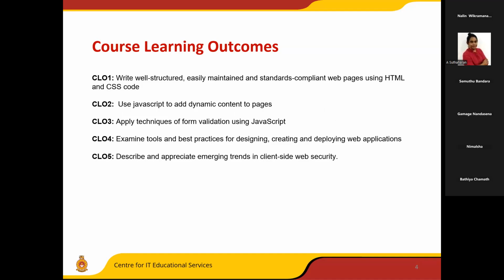Third, students understand validation techniques to ensure data accuracy and security. In the fourth, students will explore modern tools and industry best practices. Finally, students will be introduced to current security concerns in client-side web development, right?